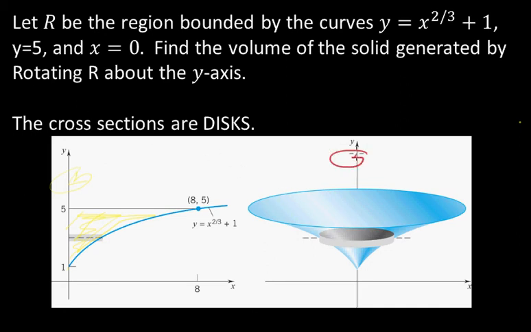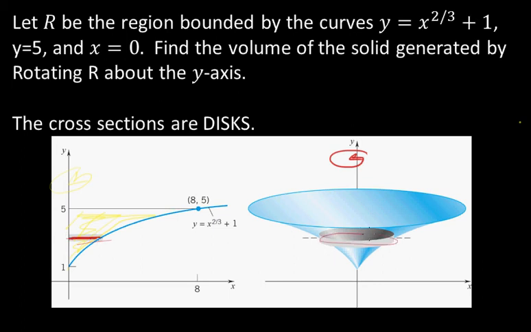And what we get doing that, you can see this region would spin out this, I don't know what we'd call that solid. And of course, you can think of just a little rectangle here, or just a line taken from some y between 1 and 5.